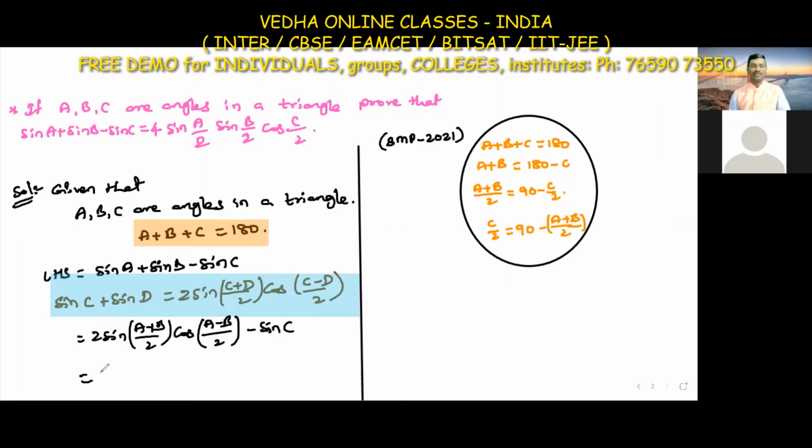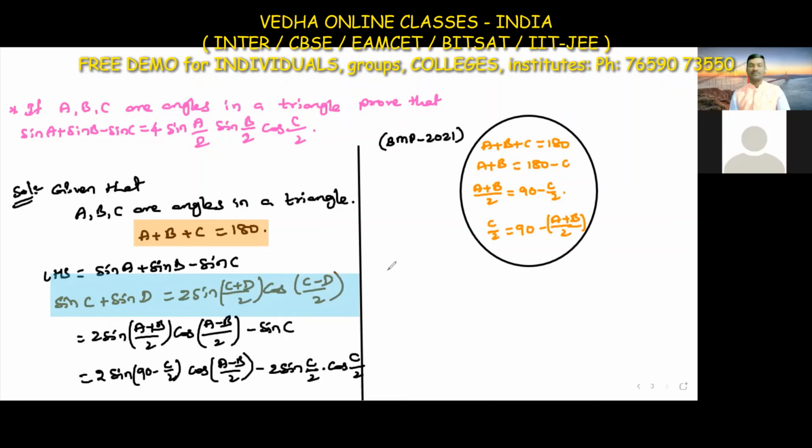So here the 2 is as it is, and sine of (A plus B) by 2 is 90 minus C by 2, and cos of (A minus B) by 2, minus sine 2 theta, applying the half angle formula: 2 sine C by 2 into cos C by 2.